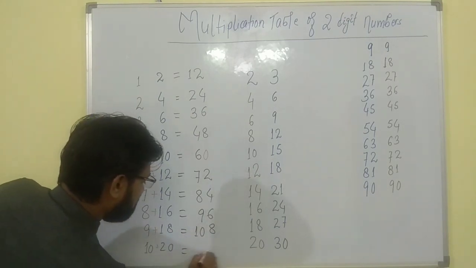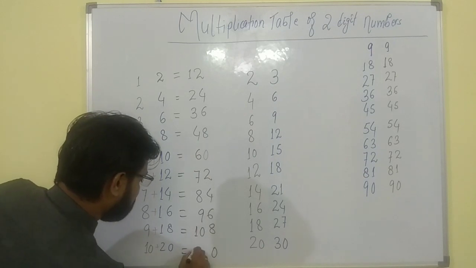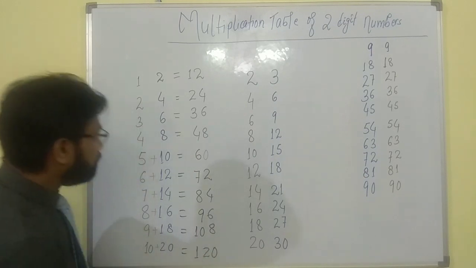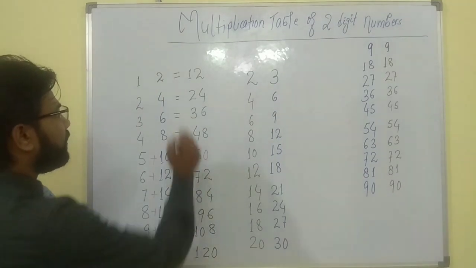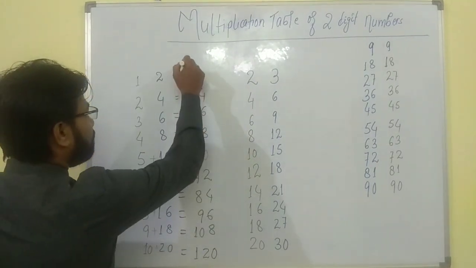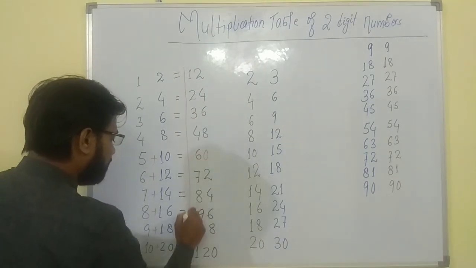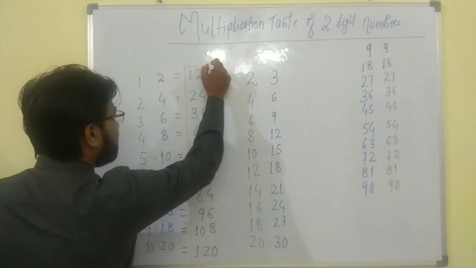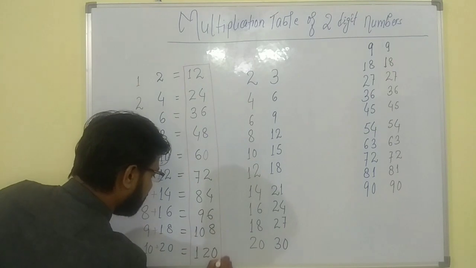And 0 at unit place, 10 plus 2, 12. So if you look at this now, we have got the table of 12. Now let's recheck if we have got it correctly or not.